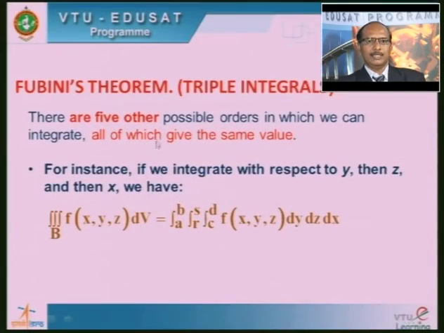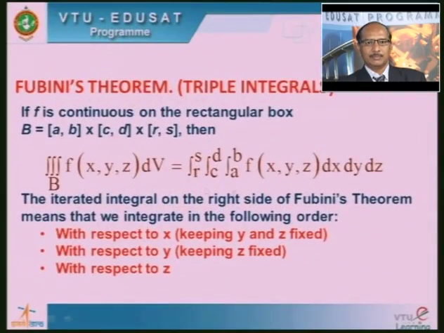There are 5 other possible orders in which we can integrate, all of which give the same value. So as per iterated integrals, there are 6 possible combinations of integrating x, y, z. One combination we have done here: first x, then y, then z.